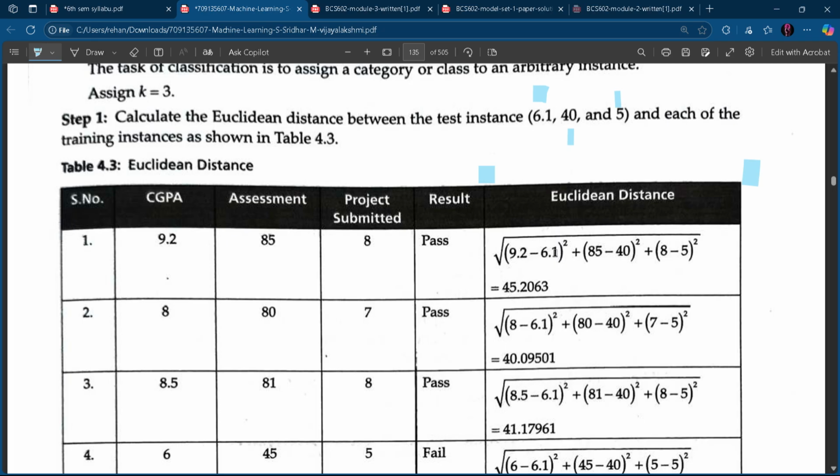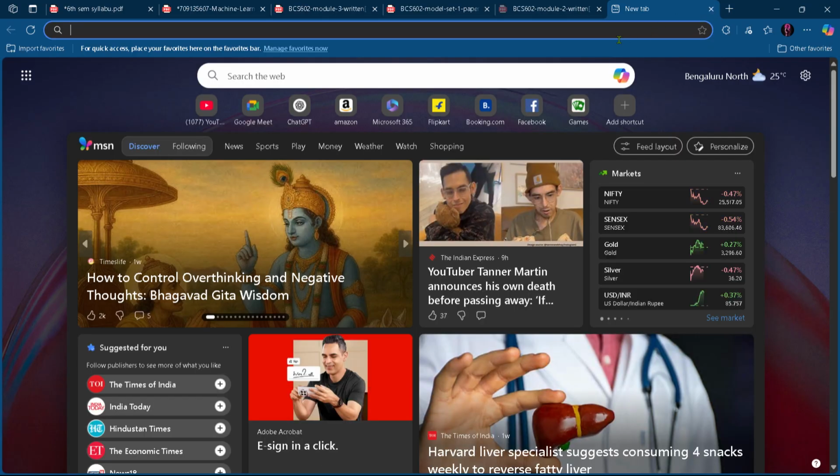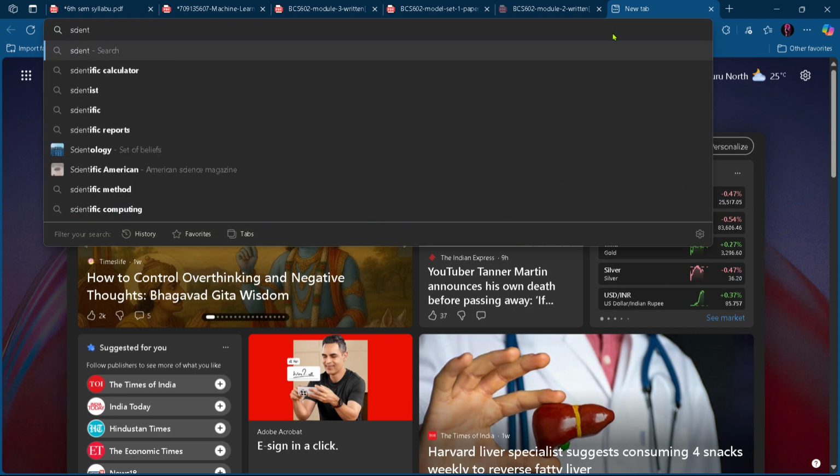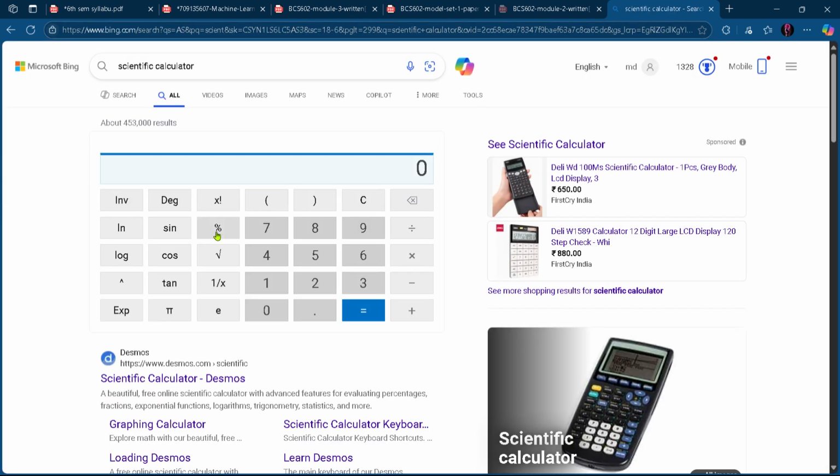You can directly write the same thing in your scientific calculator. If I open a scientific calculator, we'll try it.